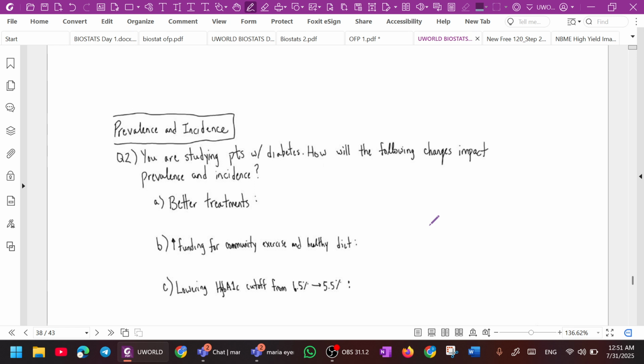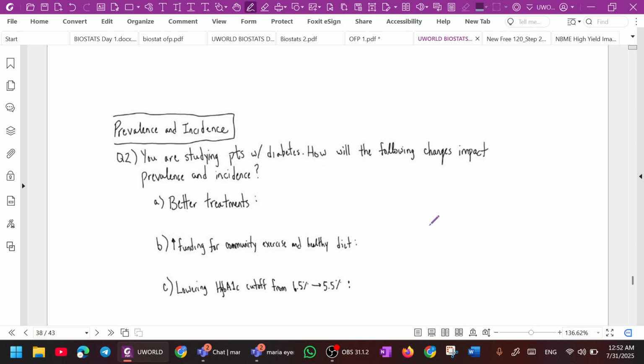Increase funding for community exercise and healthy diet: it will decrease the incidence, and it will increase the prevalence. I'm just writing what you're telling me.